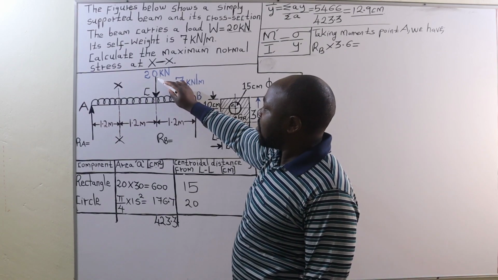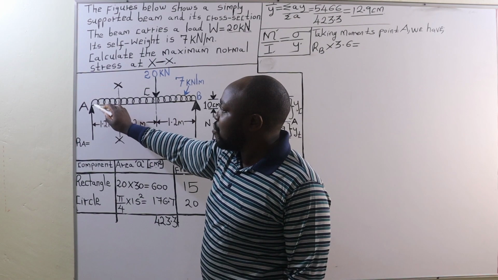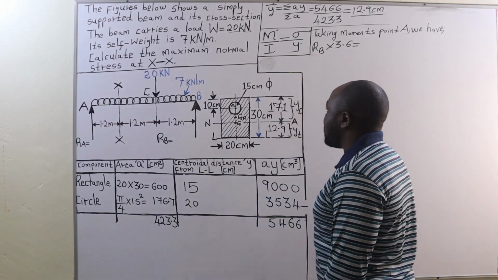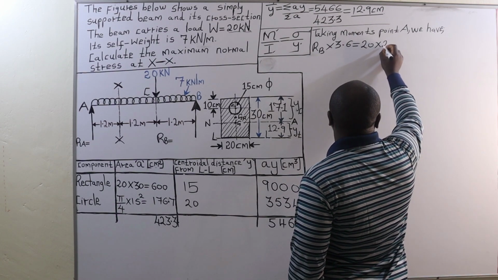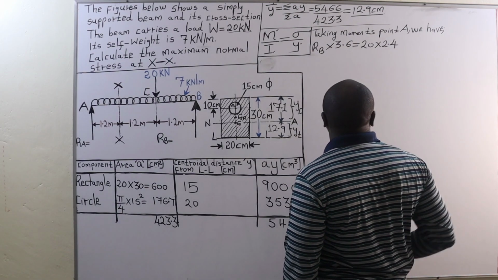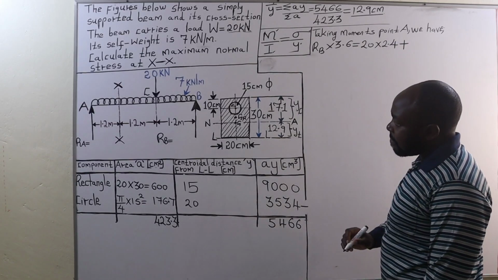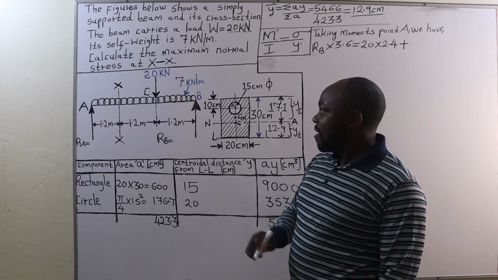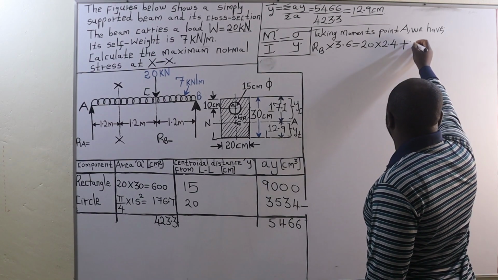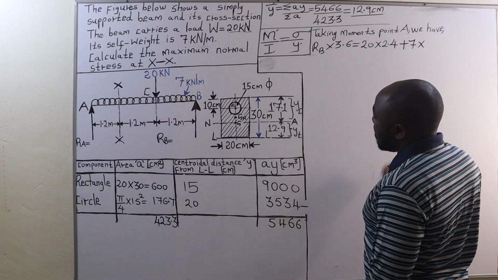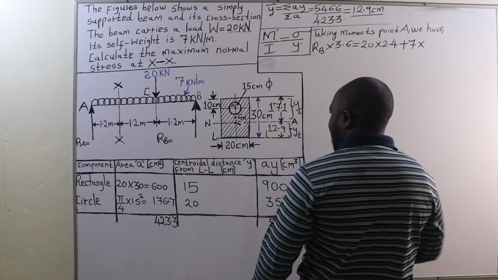We have a point load of 20 kilonewtons times the distance from C to A, which is 2.4 meters. Therefore, we have 20 times 2.4 meters. Then we add another clockwise moment because of this uniformly distributed load, and that's going to be given by 7 times the whole span, which is 3.6 meters.